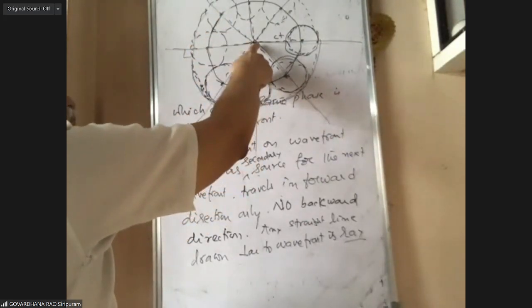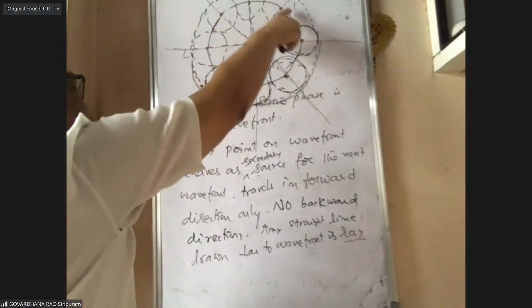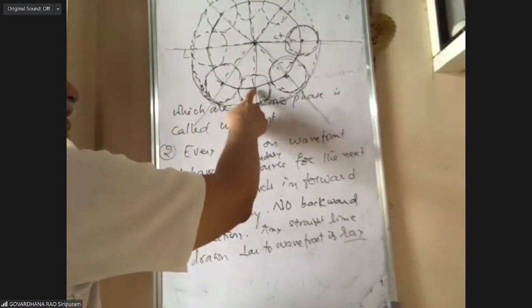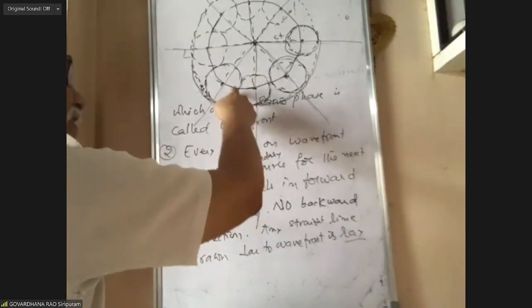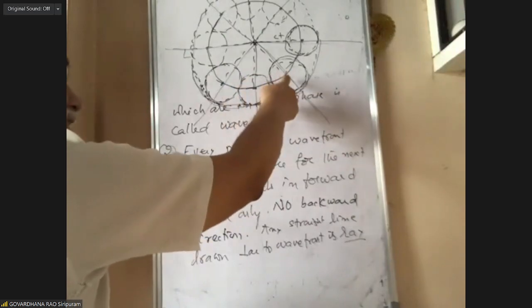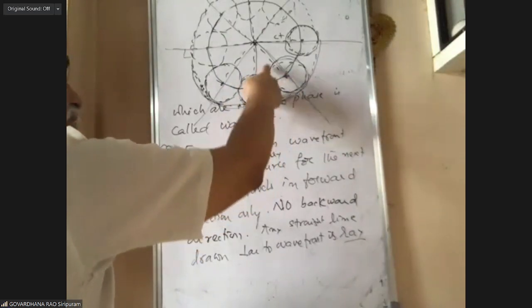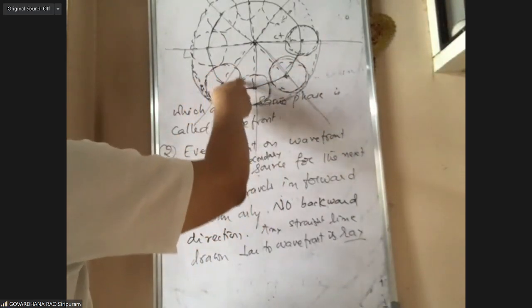Just as you took a source and made a wavefront like this, similarly you take, this is a point source. Around this point source, you draw another wavefront. Point source, you draw a wavefront.